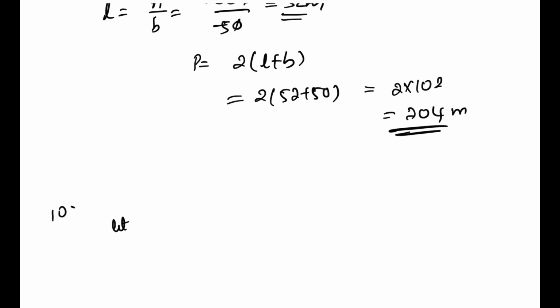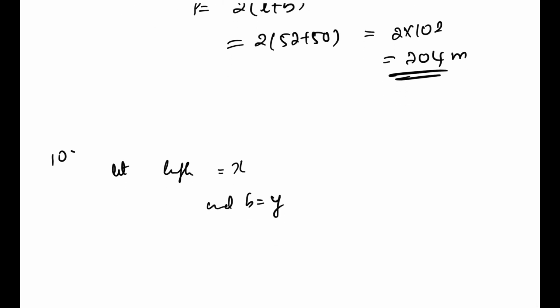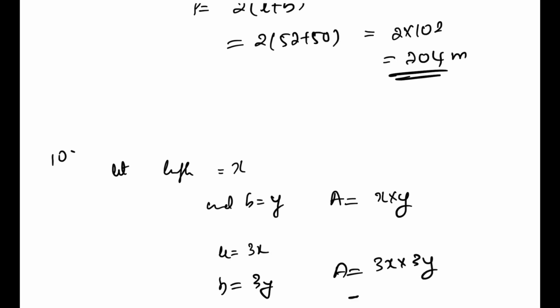Let length be equal to x and breadth be equal to y. In that case, area will be x into y. And if it's trebled, what happens? Length is equal to 3x and breadth is equal to 3y. In that case, area will be equal to 3x into 3y, that is equal to 9xy.